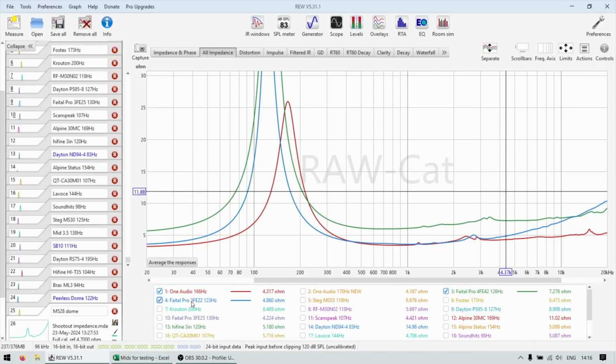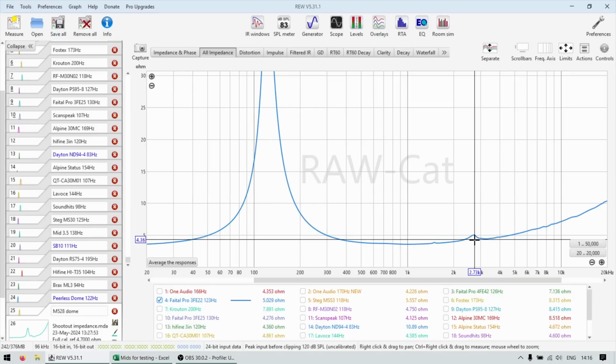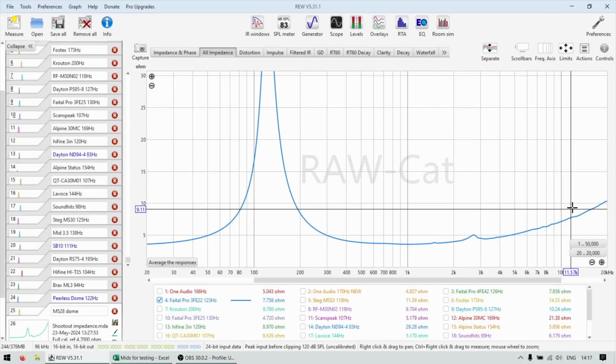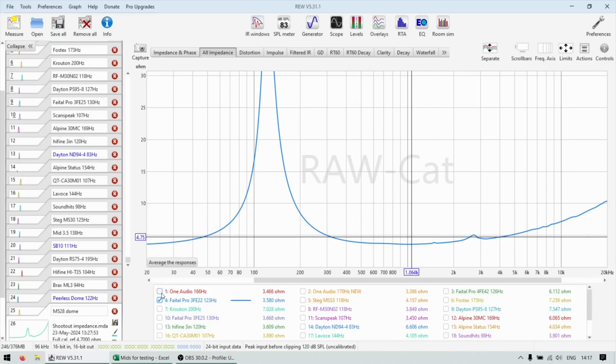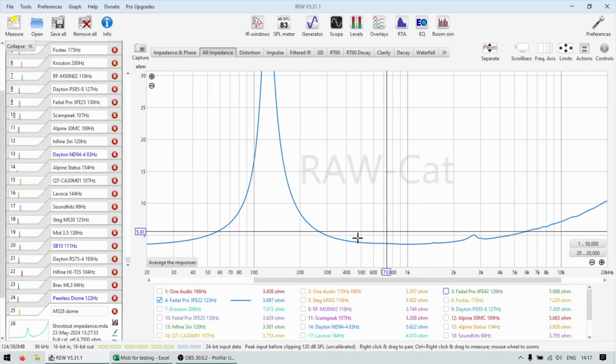Now the other one, another Fatal Pro. Let me remove these just to see. Yeah, so this one you can see it has a big peak here and one wiggle here. So it's not as bad as this One Audio to me personally, and not as bad as this Fatal Pro. But yeah, not as great.